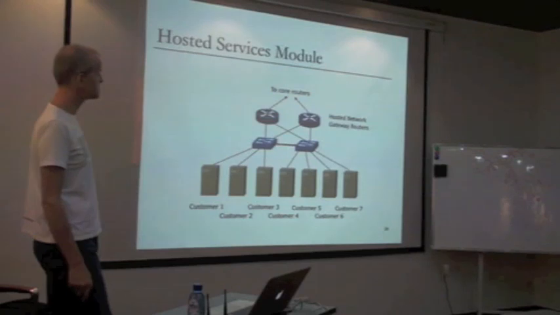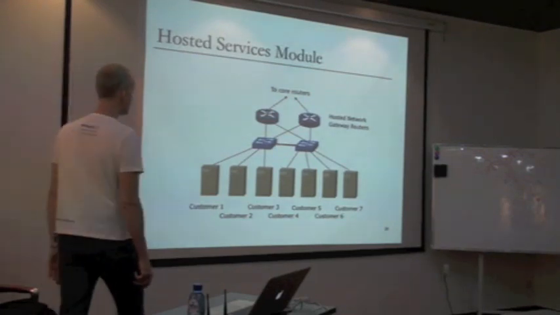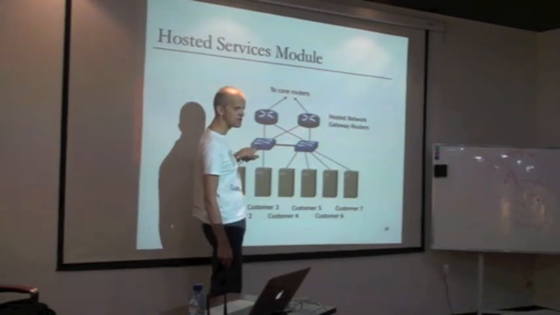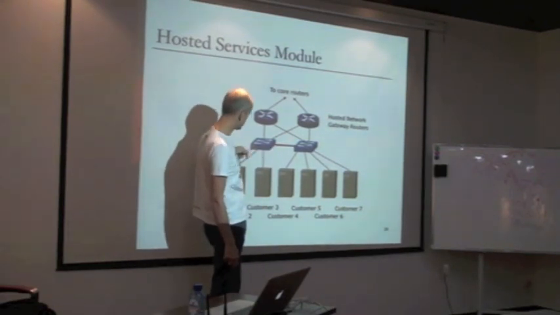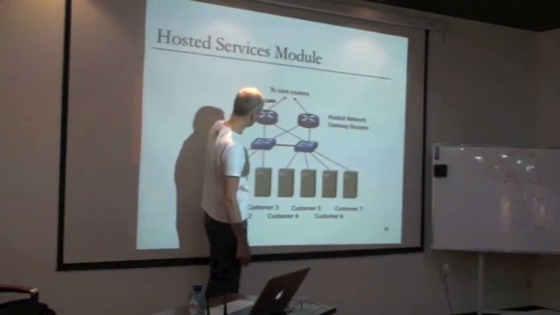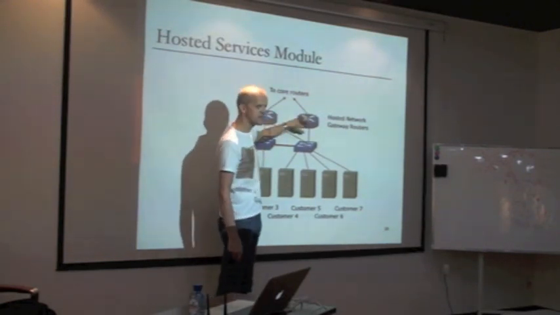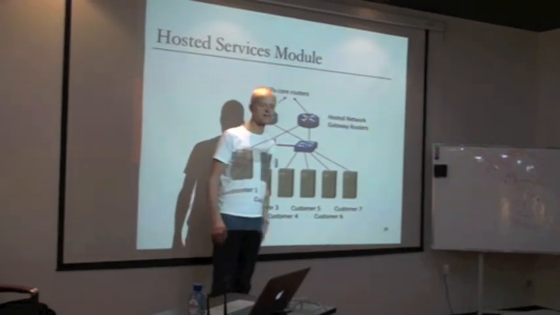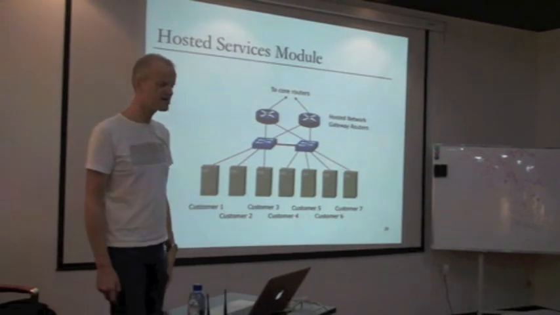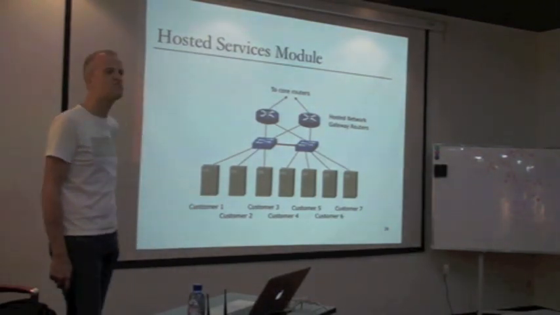The hosted services module is slightly different. Here it's your different customers coming in. As I was saying, they get their own VLAN. So each server has its own VLAN on the Ethernet switch. The VLANs are aggregated on the routers, and that way you secure the access for each customer. Again, only give the customers access to the services they've bought.